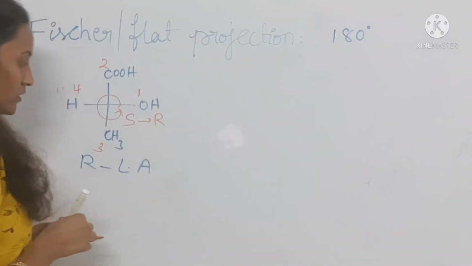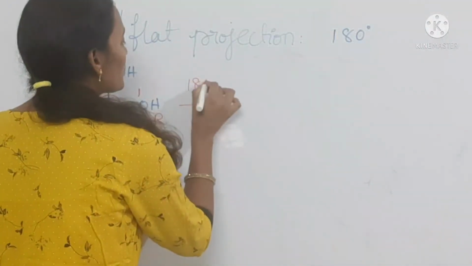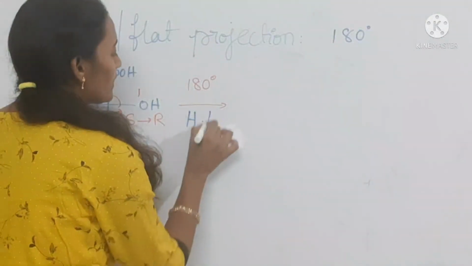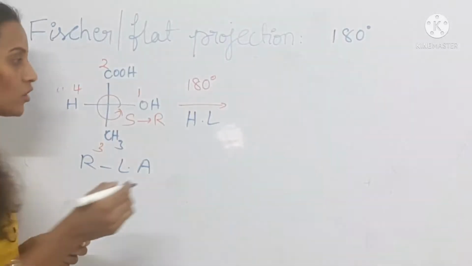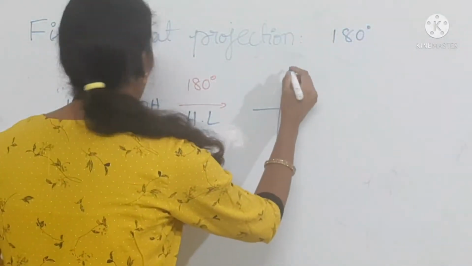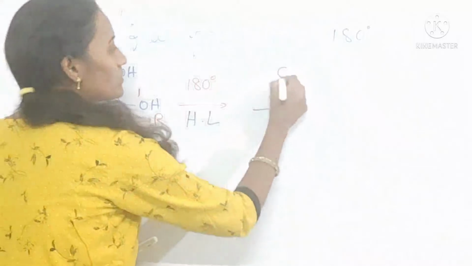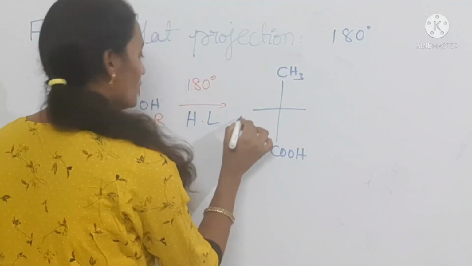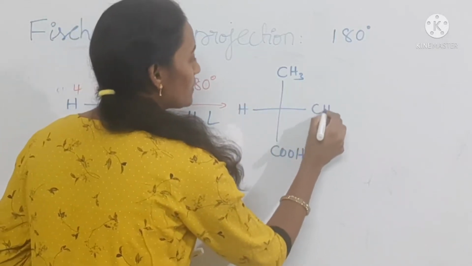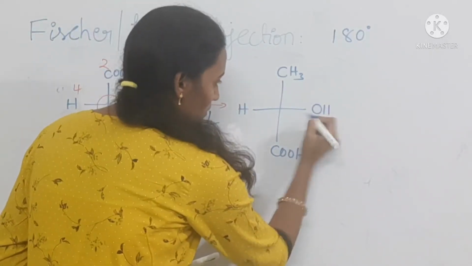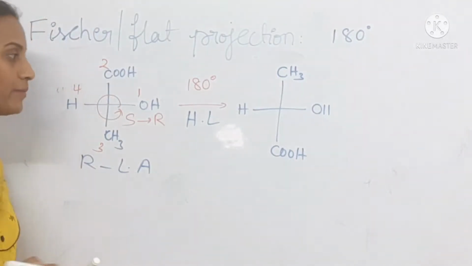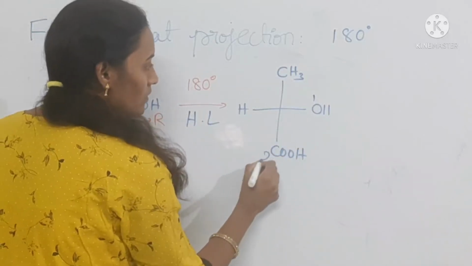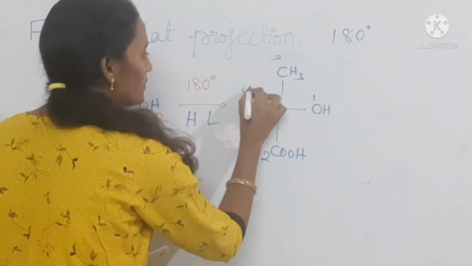Now you can take rotation of 180 degrees of the groups present on the horizontal line. The two groups present on the horizontal line, what will you get? Observe here, top becomes down and down becomes top. The groups present on the horizontal line remain the same. Now you can give priority order for these groups, 1, 2, 3, this is 4.